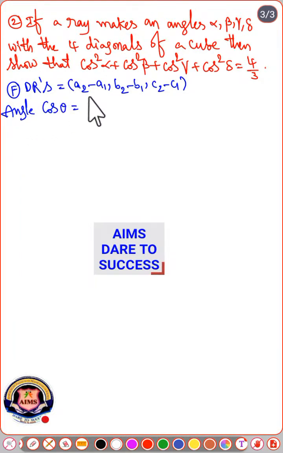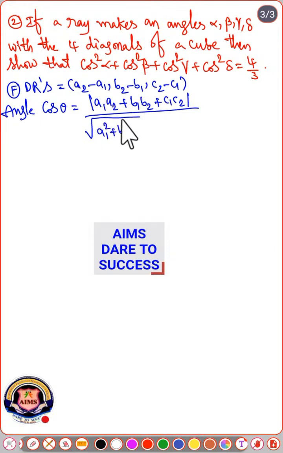The angle cos theta is equal to mod of a1 a2 plus b1 b2 plus c1 c2, whole divided by under root a1 square plus b1 square plus c1 square into under root a2 square plus b2 square plus c2 square.